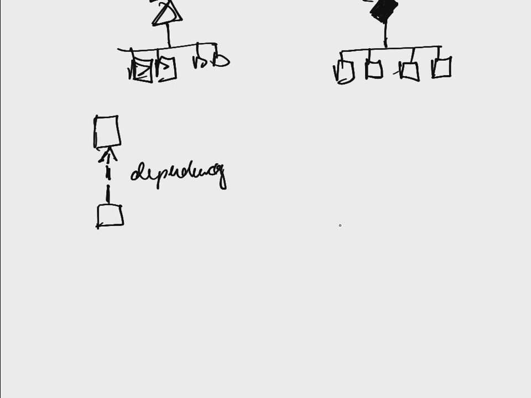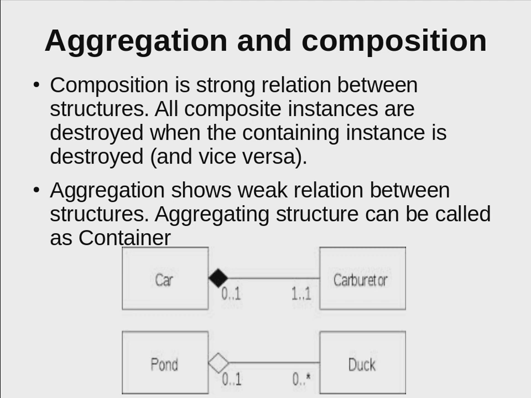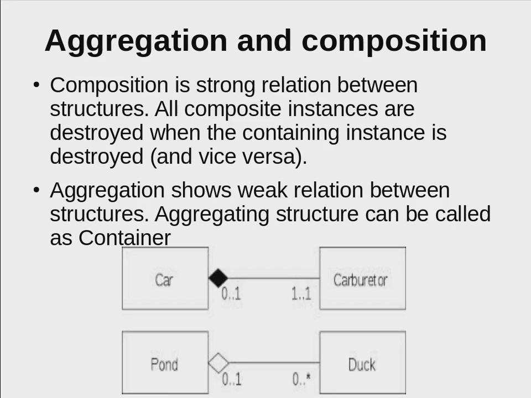And then an important thing is that there are two different graphical notations for the same thing. For example, we may have car and carburetor. In general we can show it like this.